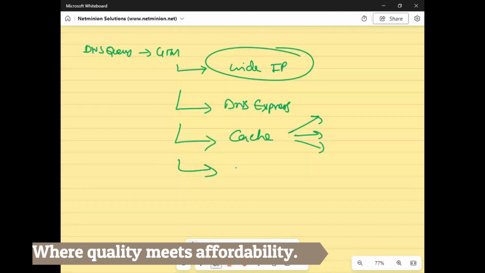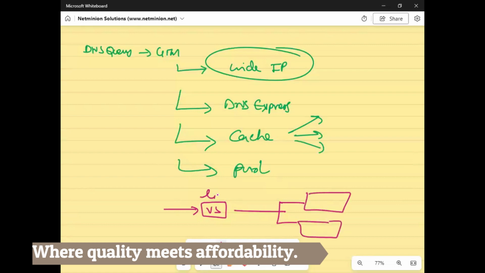It can go with some kind of pool, where in the listener I just put a pool, since the listener acts like a virtual server. In a virtual server you can have a pool, and in the pool you can have pool members. Here on the listener, you can create pool members of your DNS1, DNS2, like that.